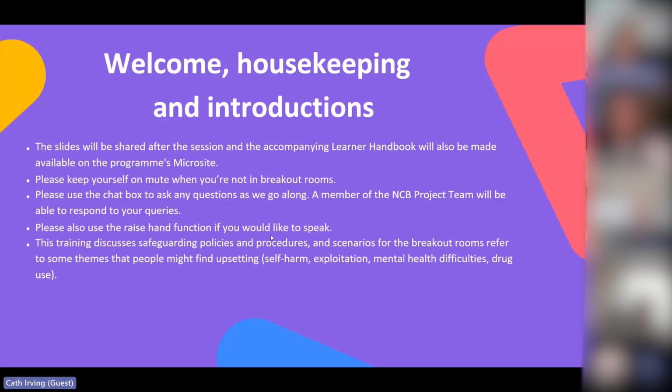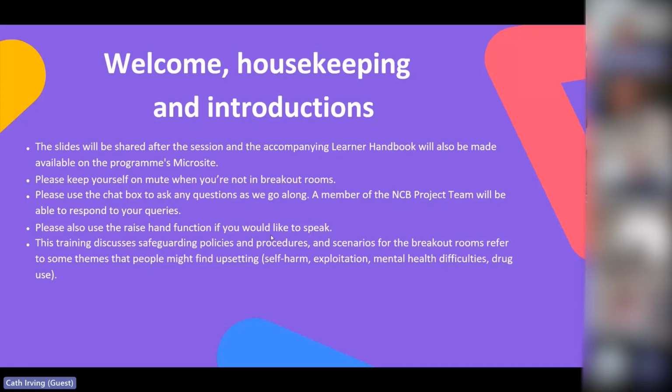So in terms of the slides that I'm going to be sharing with you today, you will see as we go through, there's quite a lot of information included. The slides will be shared after the sessions, alongside that accompanying learner handbook, which is also available, and that's all available on the Programme Micro site, so you can access it there.